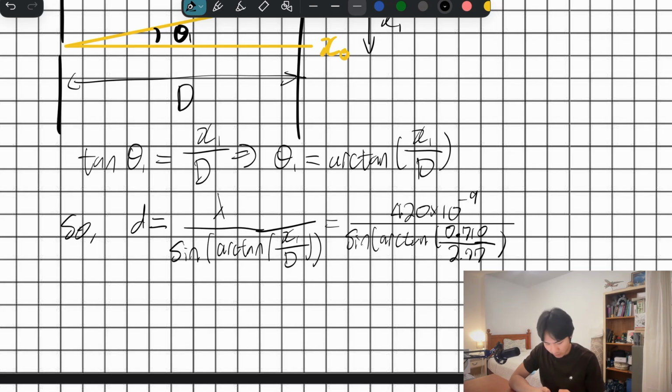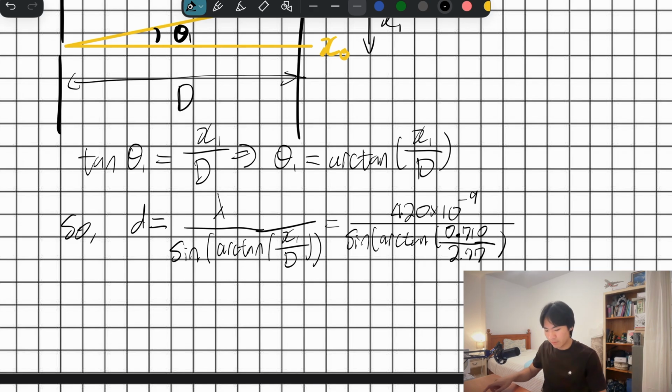It's going to be 420 times 10 to the power of minus 9 over sine of arctangent of 0.71 over 2.77.